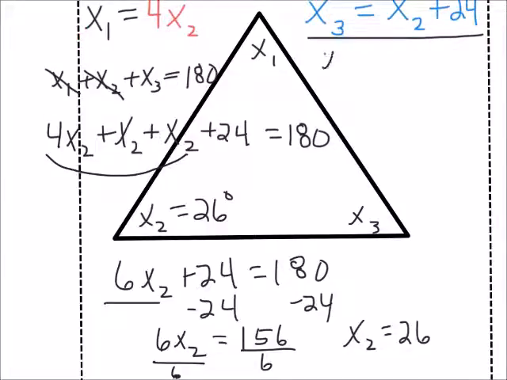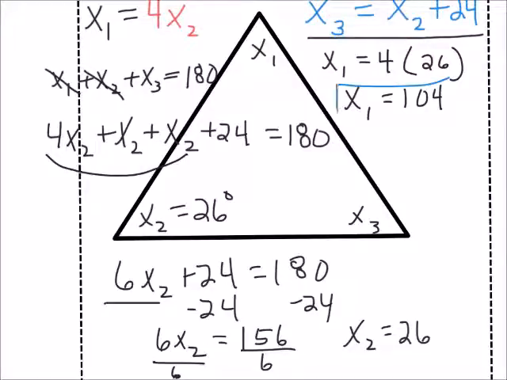So x sub 1 equals 4 times the value of x sub 2, which is 26. When we multiply 4 times 26, we find out that x sub 1 equals 104. And that would be the answer to that particular problem.